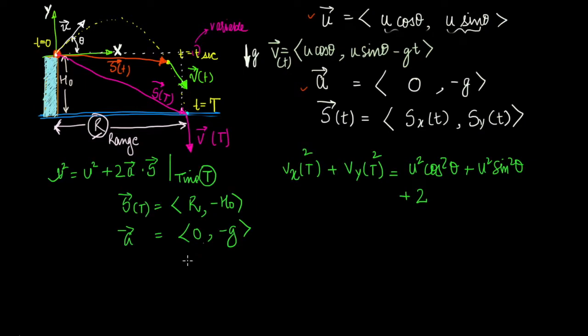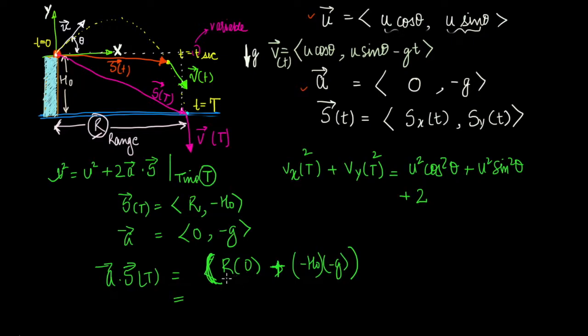To evaluate the dot product, a dot s at capital T would be r times 0, and we add the product of the y component, so that's minus h 0 and minus g. We add that together: 0 times r is 0, h naught times g is h naught g, and the minus signs cancel, so you get g h sub 0. That is what the dot product is, and that is what we are going to write here.